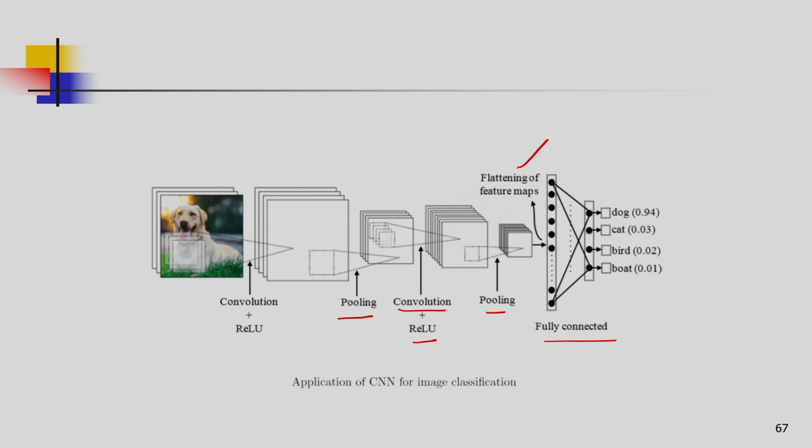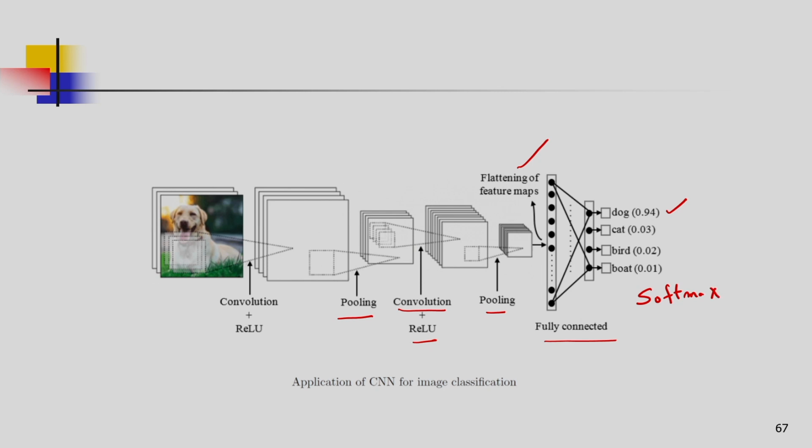And corresponding to this you can see the outputs: the dog 0.94, cat 0.03, bird 0.02, and both 0.01, that is the probabilities. These probabilities I am obtaining by considering the function. The function is the softmax, that already I have explained.